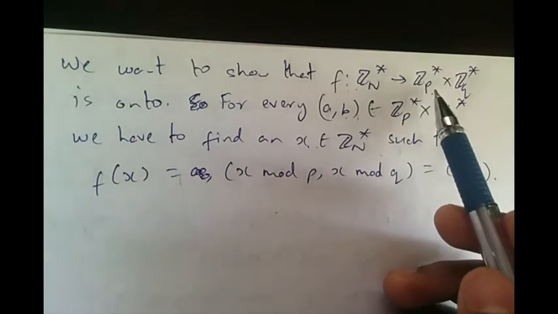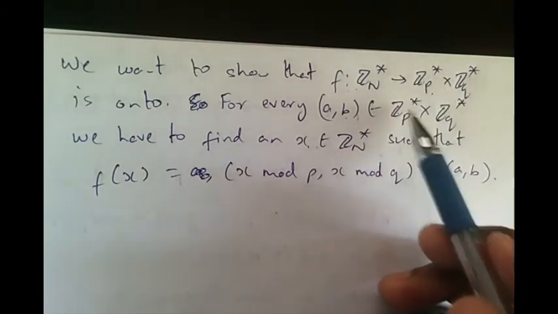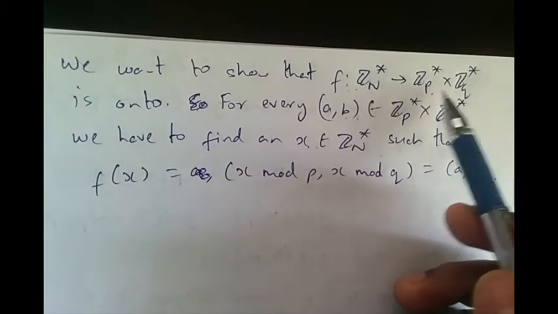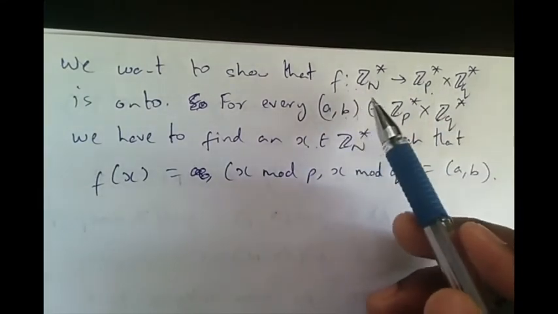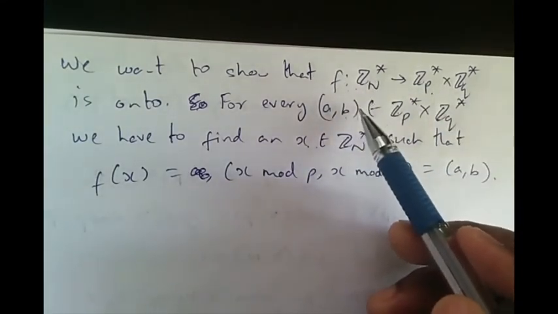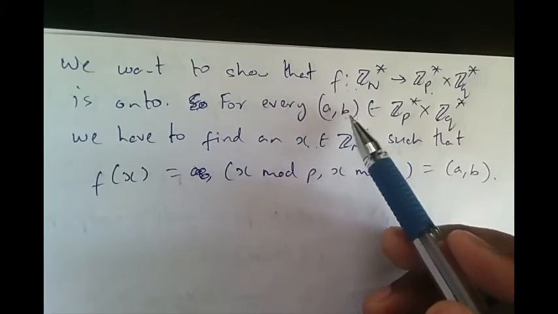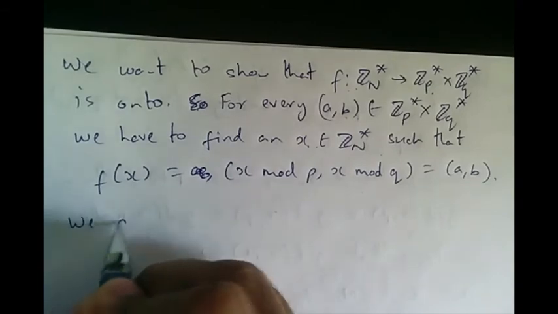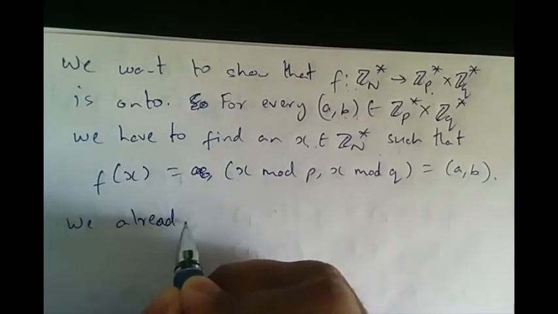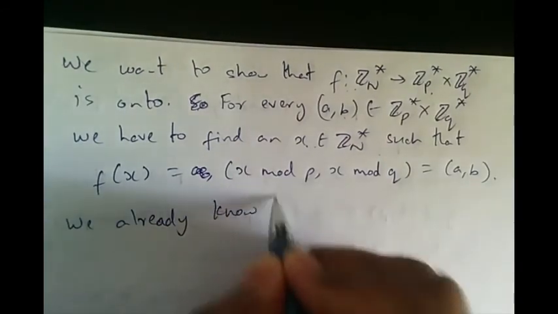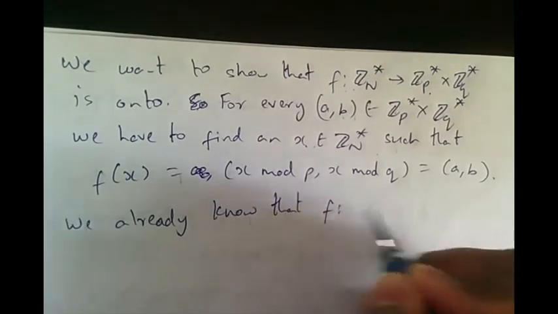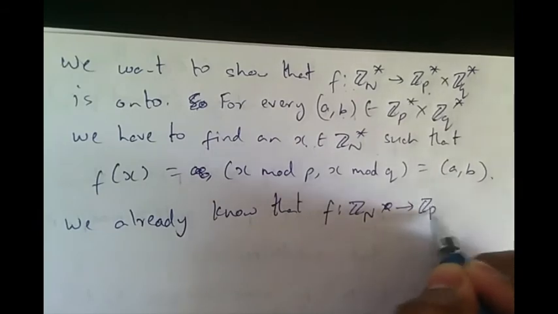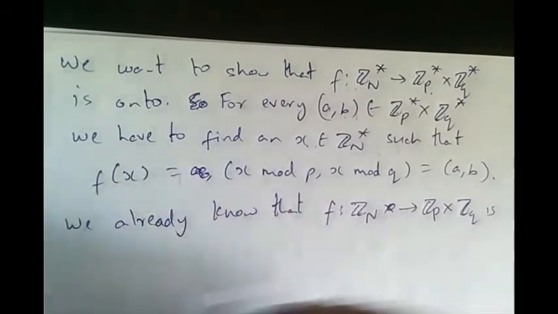So note that we have shown that when we remove these stars, that function is onto. So if you have some ordered pair in Zp cross Zq, then we can find a pre-image. One can ask, why can't we use that argument? We already know that f from Zn to Zp cross Zq is onto.